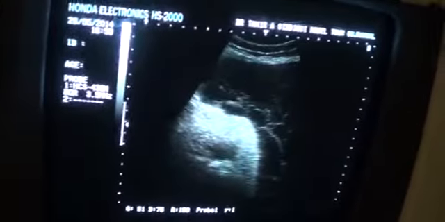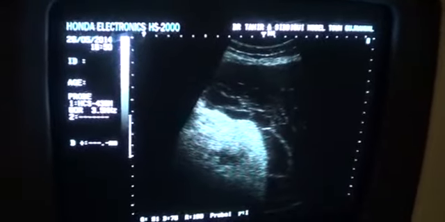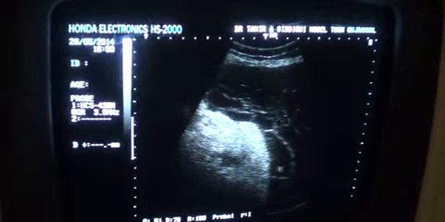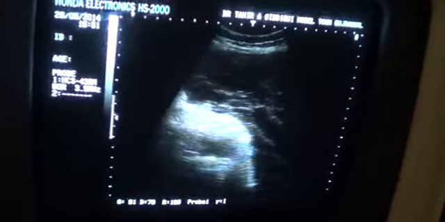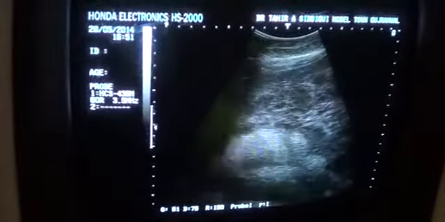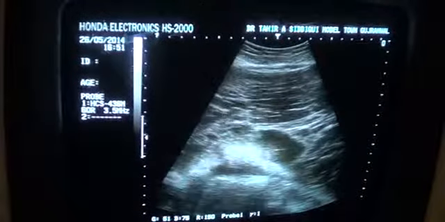Now, this band I am talking about is the retained placenta. I think what happened is that slowly, gradually, the fluid has been accumulating.